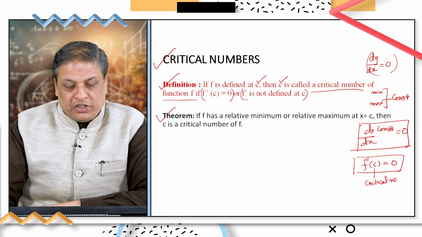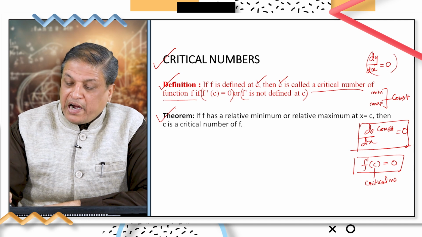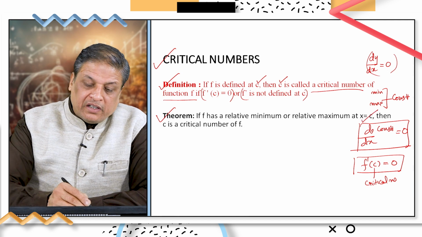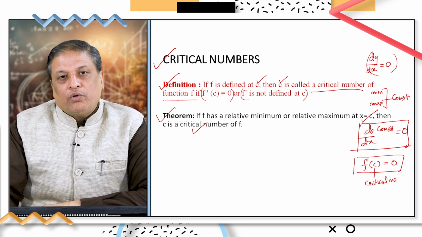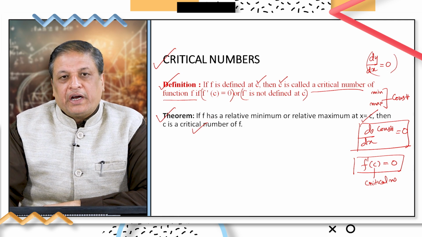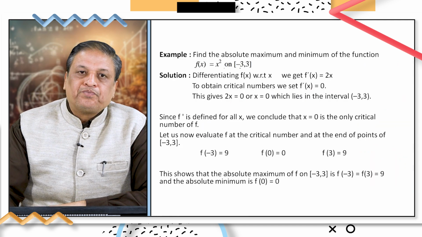There is a theorem which states that if f has a relative minimum or relative maximum at point C, then C is a critical number of f. What do we mean by this definition and theorem? We will understand by solving some numericals.